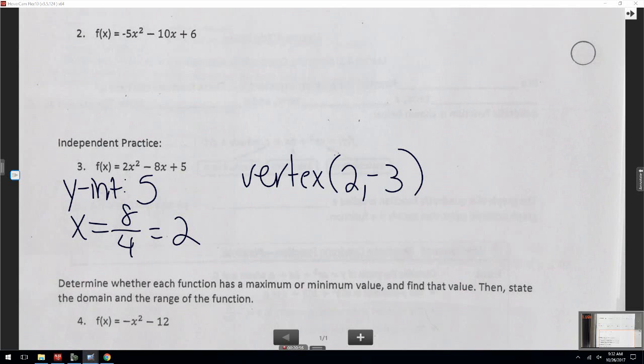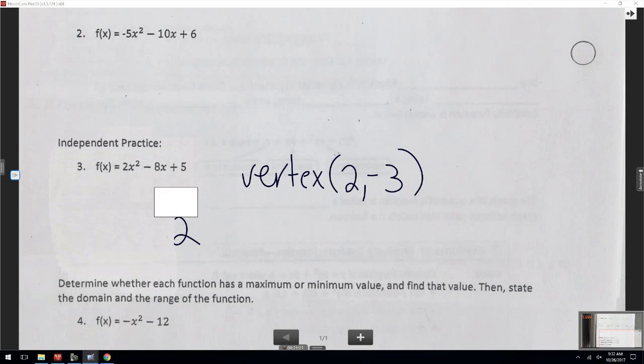Alright, now is where you need your graph paper. So grab your graph paper, okay? This is what we're going to do from here. Alright, let's look back at our directions on the very first page.